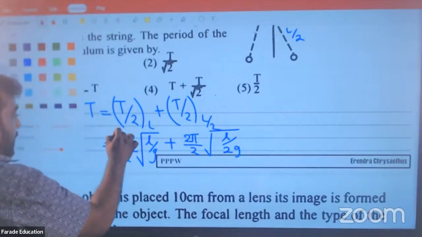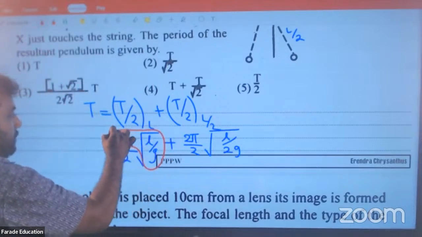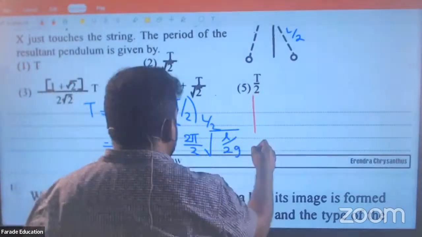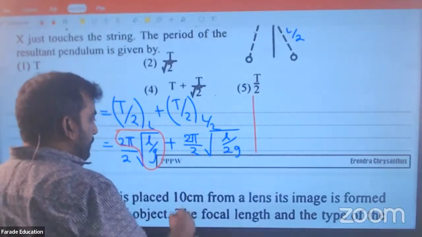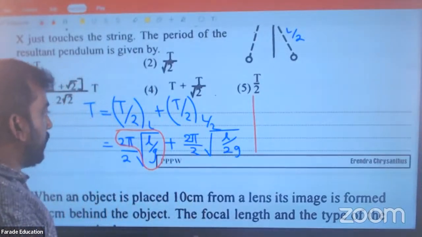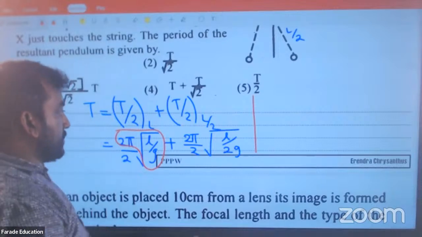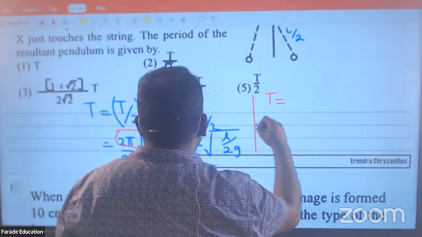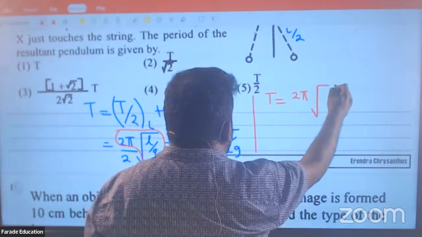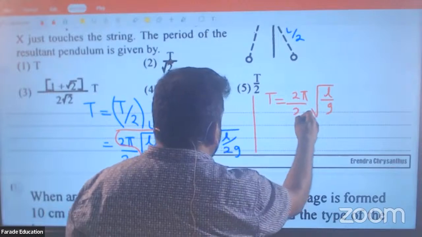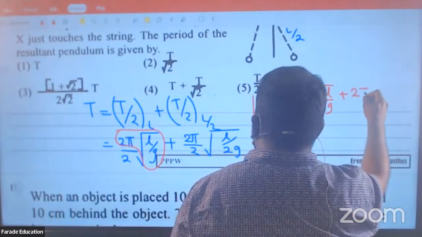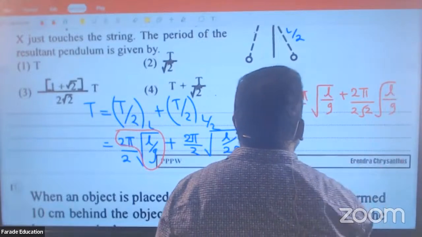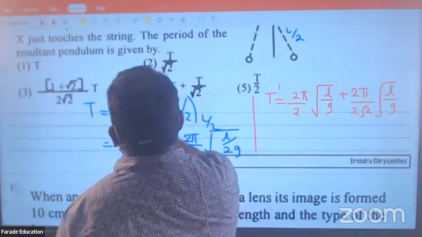This part is taken as the periodic time T. So total periodic time is 2 pi root L over G divided by 2 plus 2 pi divided by 2 root 2L over G. That is T dash.